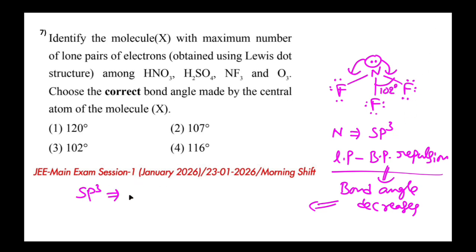Originally, an sp3 hybridized molecule has tetrahedral geometry. In tetrahedral geometry the bond angle is 109 degrees 28 minutes. But here 1 lone pair is present.